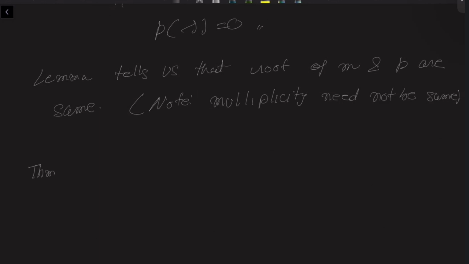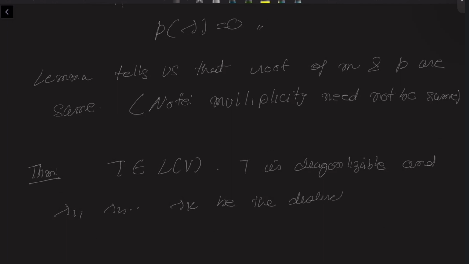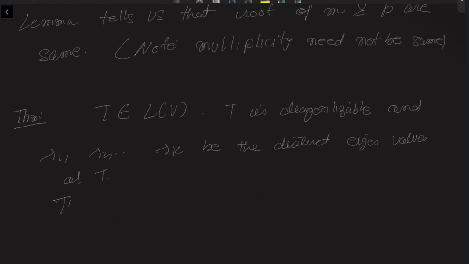Let us see a theorem that if t belongs to L of V, that is, t is a linear operator, and let's say t is diagonalizable, and lambda 1, lambda 2, up to lambda k are the distinct eigenvalues, then m of t is t minus lambda 1, t minus lambda 2, up to t minus lambda k.